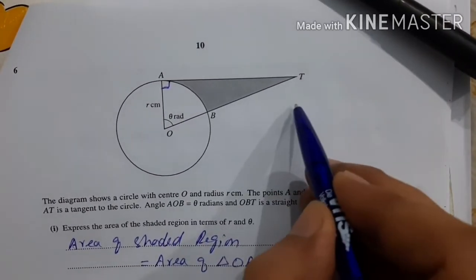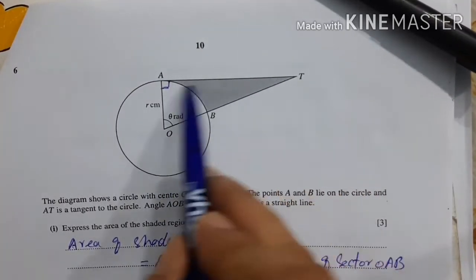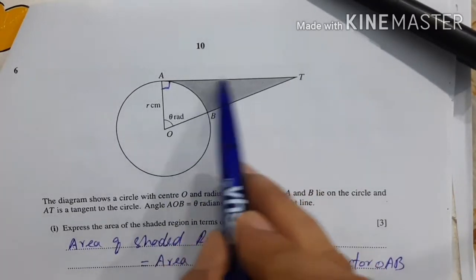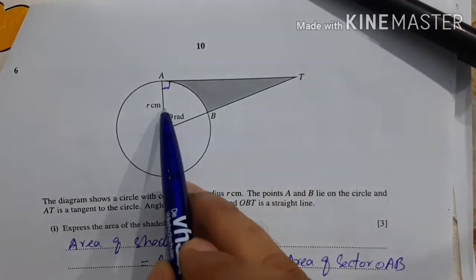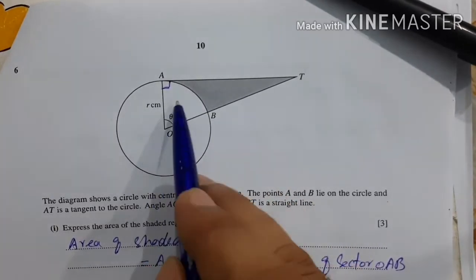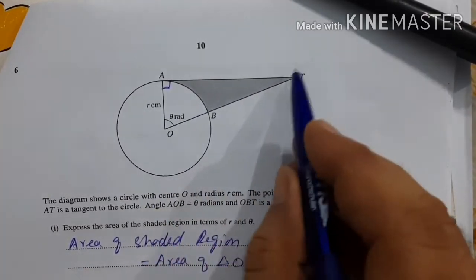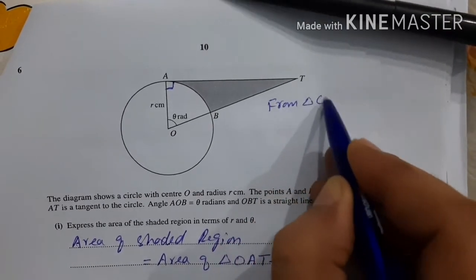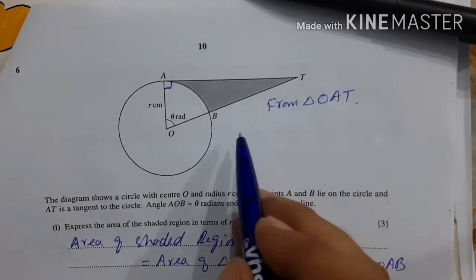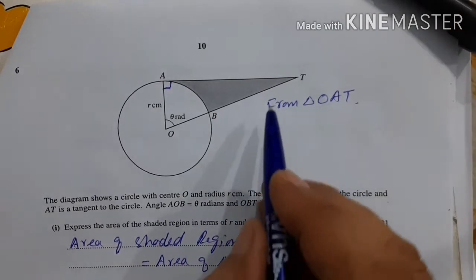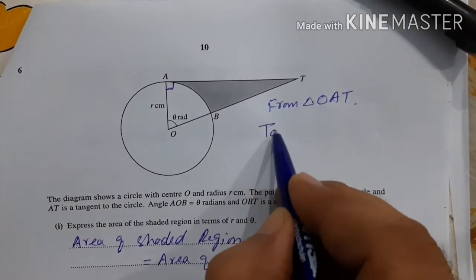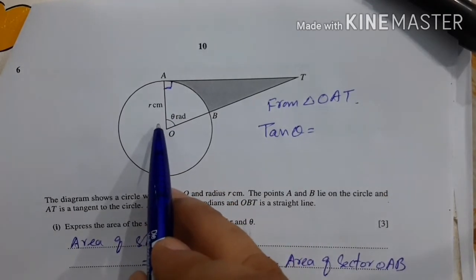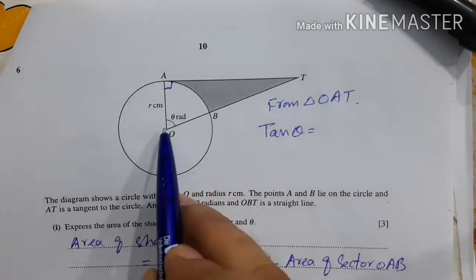I'll use here this triangle OAT, where this is base and this is perpendicular. I know that tan theta connects base and perpendicular. So from triangle OAT, tan theta is equal to perpendicular over base.